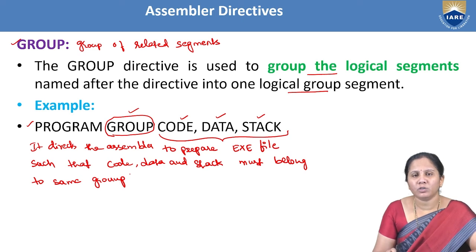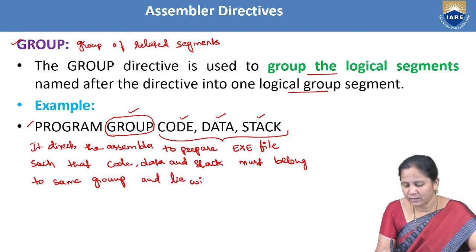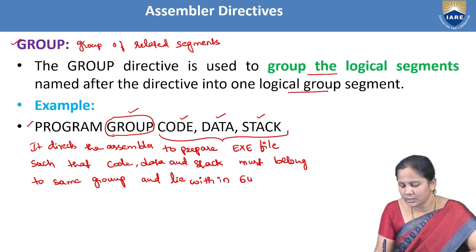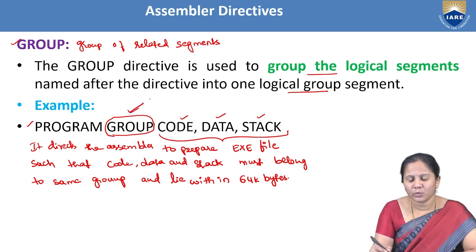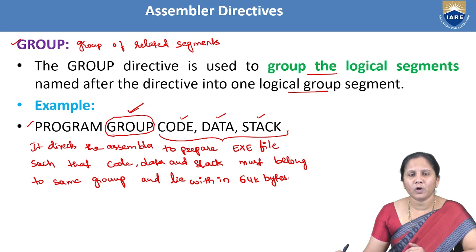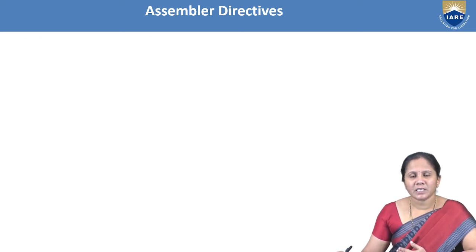So all these three logical segments will be belonging to the same group, and all these three things will be lying within 64 kilobytes. So this is the importance of this GROUP assembler directive. It is going to group all the logical segments and develop the exe file considering all this as a single segment, and the segment size will be lying below, around 64 KB only.